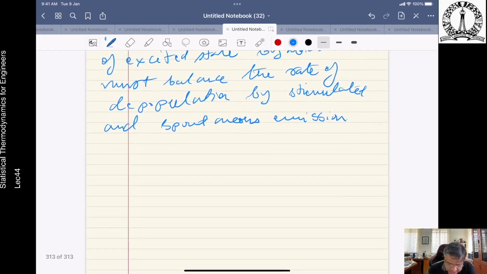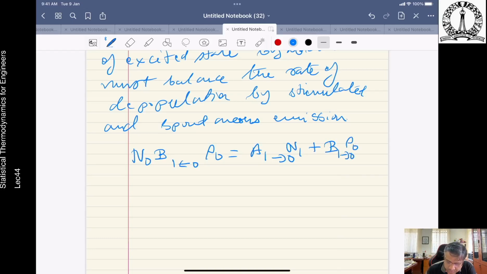So in other words, N0 B 0 to 1 rho nu is equal to A 1 to 0 N1 plus B 1 to 0 rho nu N1. Right? So this is the equation that we can write. And then on top of that, we already have a ratio of N1 by N0.